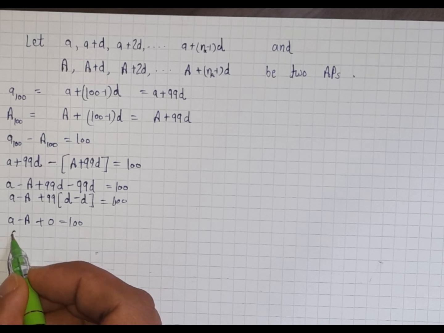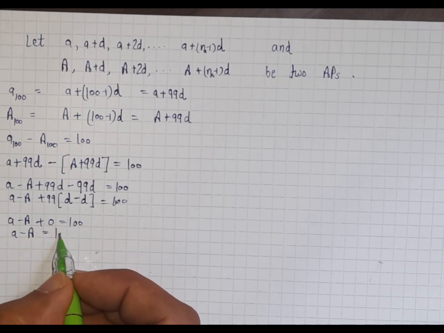So we have small a minus capital A equals 100.